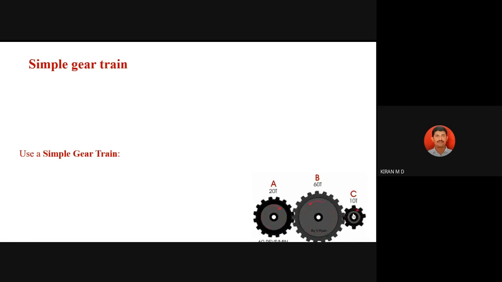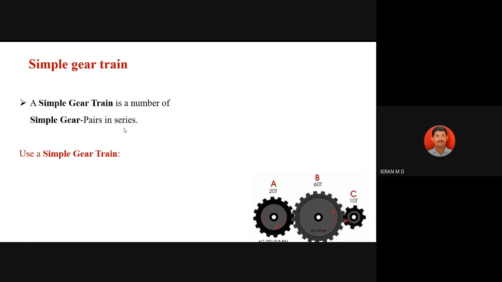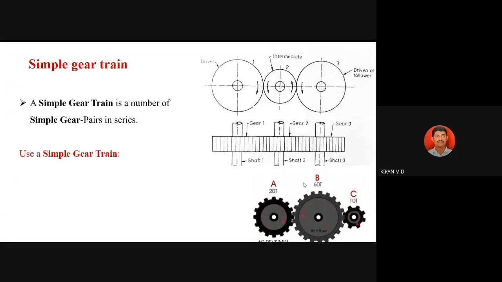It won't consume any power, but it will transmit the power from one gear to the other. A simple gear train is a number of simple gear pairs in series. If you place a number of gears in series, we call it a simple gear train. You can see this arrangement here. This is the driver, this is the follower or driven, and in between are the intermediate gears.